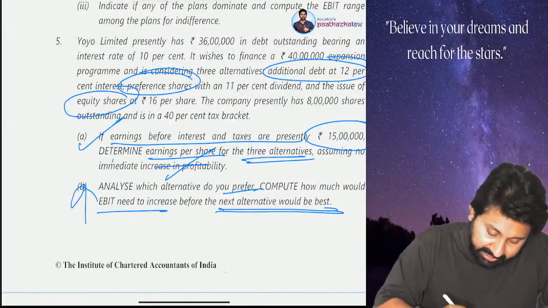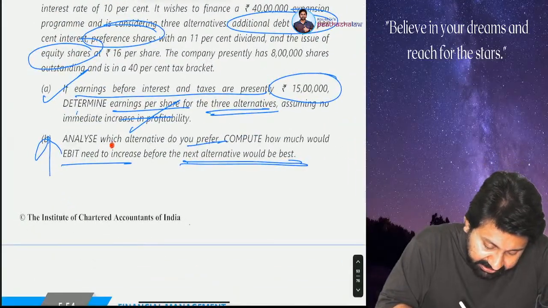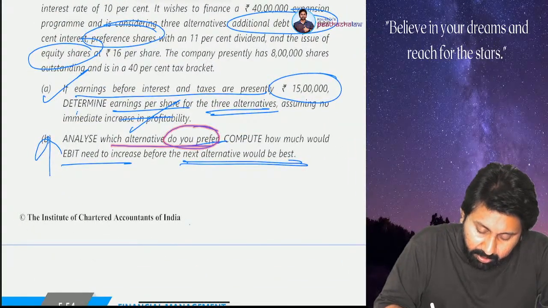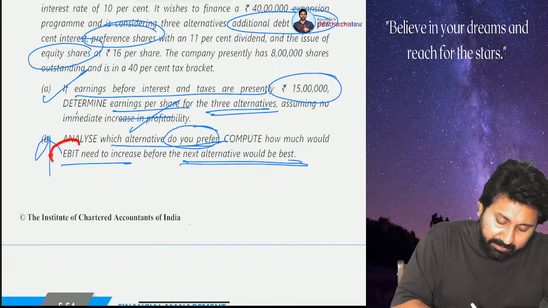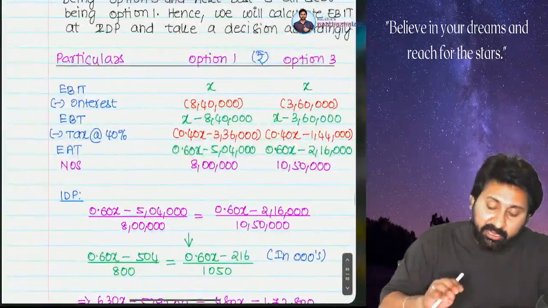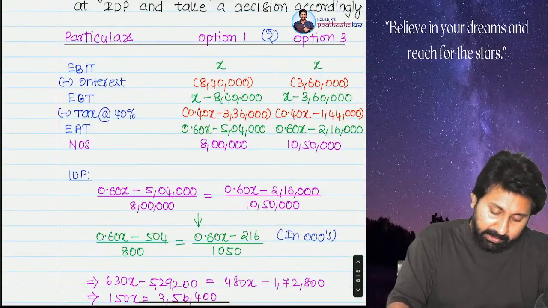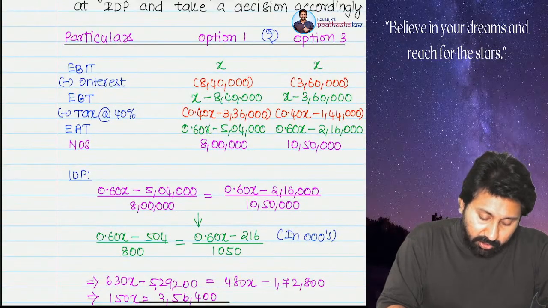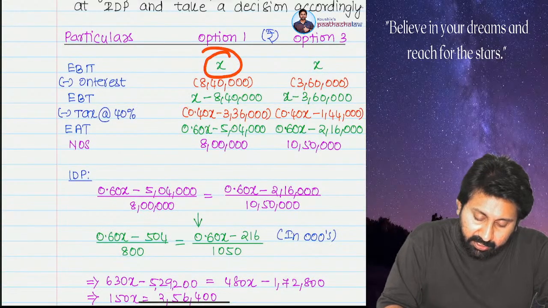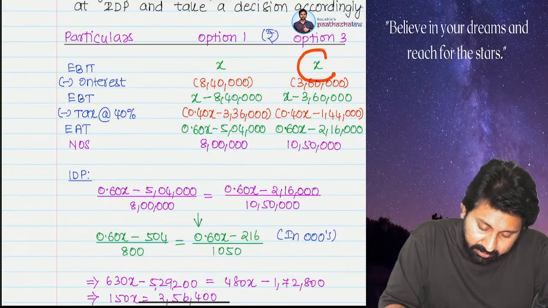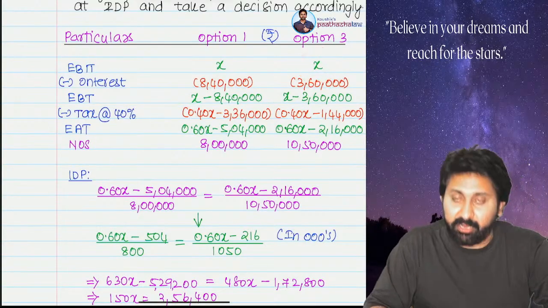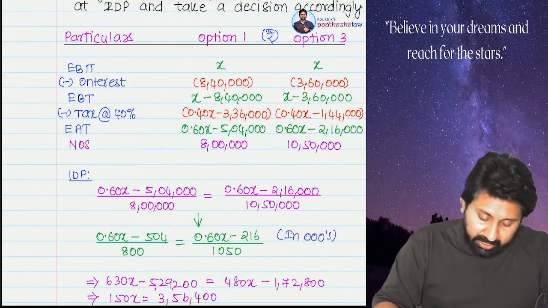See here what it is saying. Analyze which alternative you would prefer. Compute how much EBIT would need to increase before the next alternative would be best. Okay. So option 1 debt, option 3 only equity.